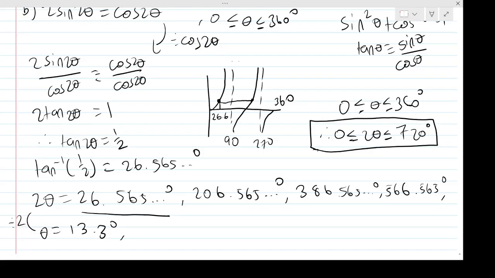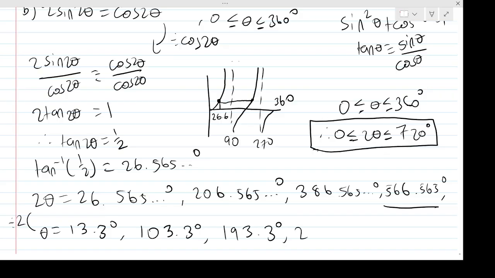Then this 206, this next number in the list. Divide that by 2 as well. I get 103.3 degrees. Then this next value, 386.565 divided by 2. I get 193.3 degrees. Then this last value, 566.565 divided by 2.